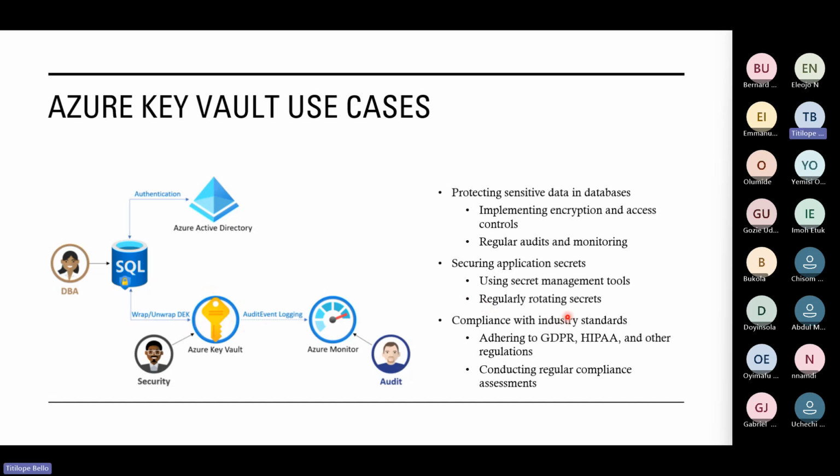So if somebody managed to get access to key one, for instance, and you have set a time for the rotation, if they are still trying to use that key or crack the key before the time for rotation happens, once the rotation happens, that first key they have becomes useless. Now they will need to look for how they will get the new key. So this way, you are able to ensure that not one single key is used for a very long time.